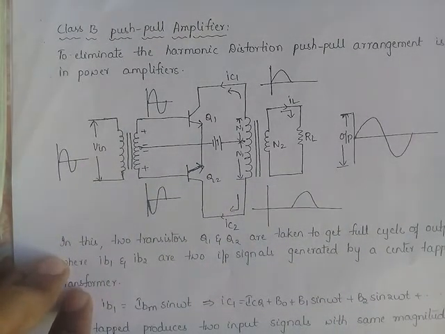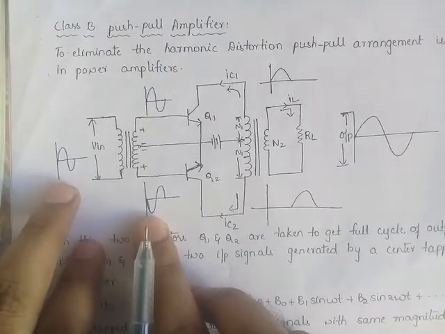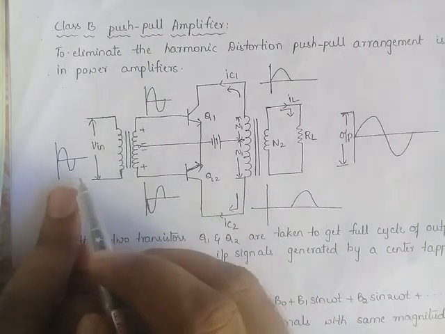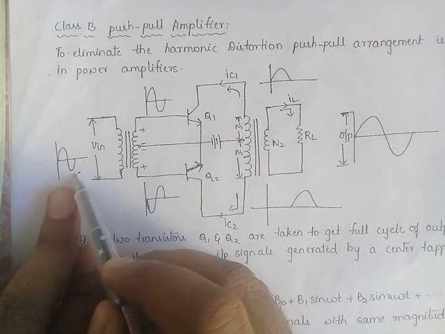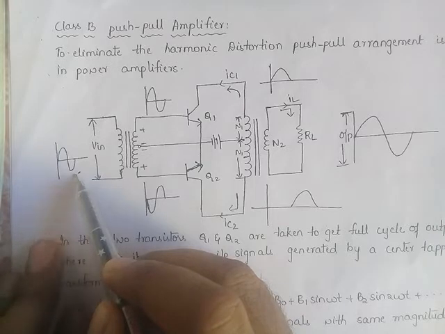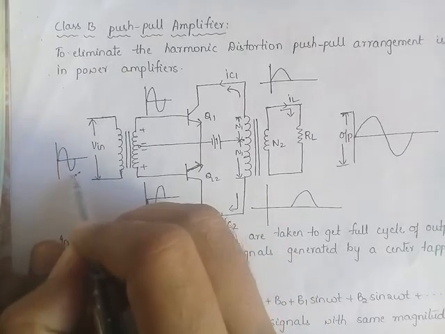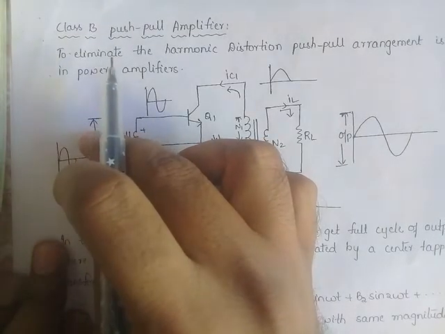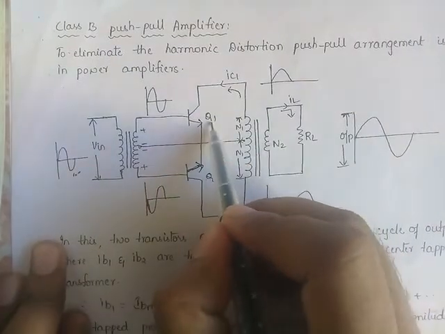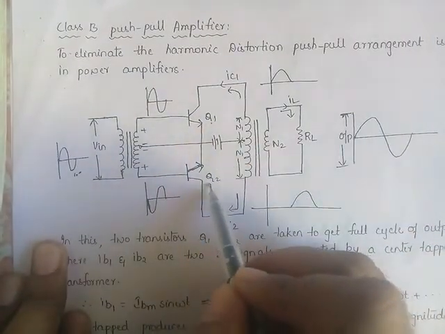Okay, and next, at the input side I am applying the total full cycle of the input signal, meaning I am giving the input signal from positive to negative peak. What happens is this input signal is given to the Q1 transistor as well as the Q2 transistor.